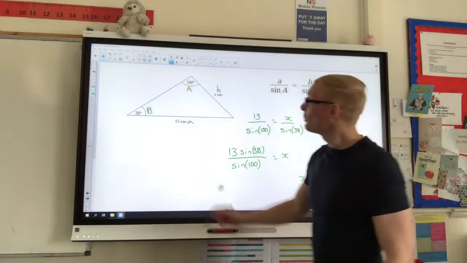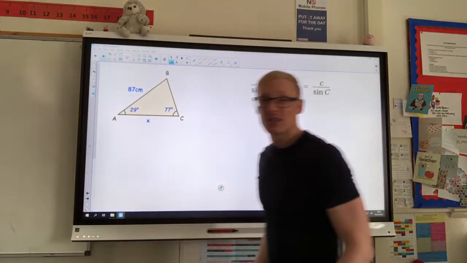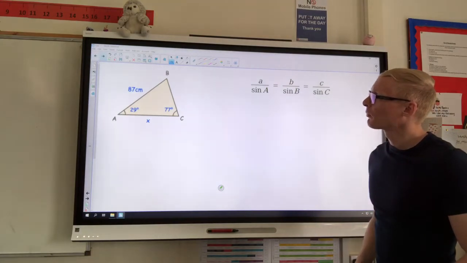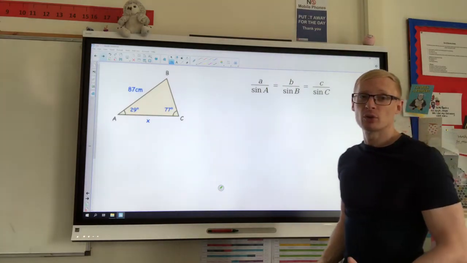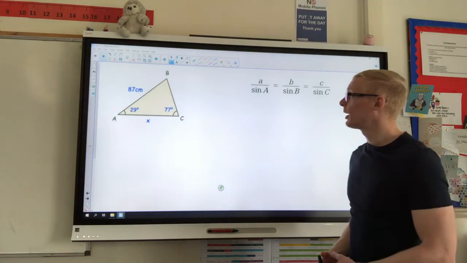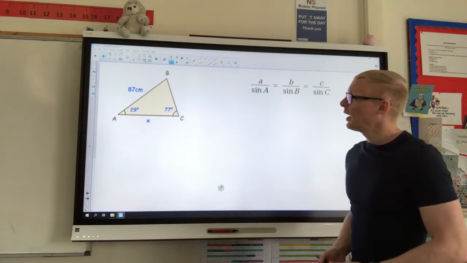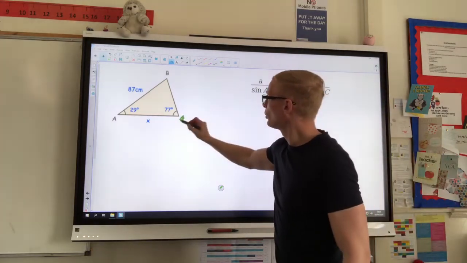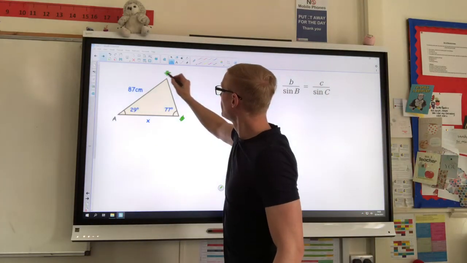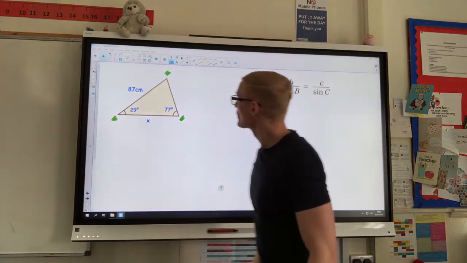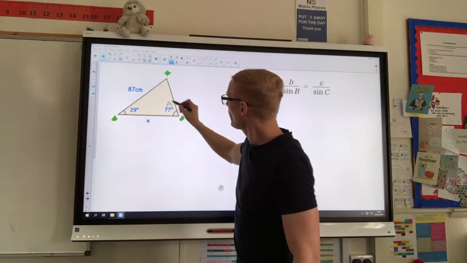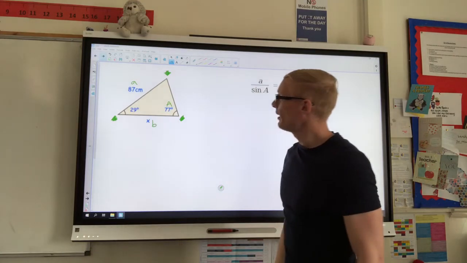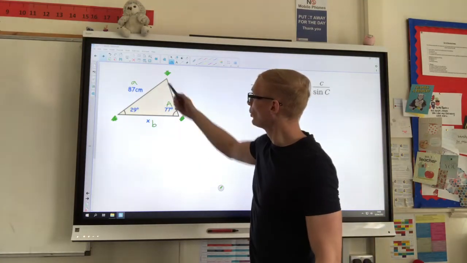Okay, we'll just look at one more because there is a slight variation. If you look at something like this, I think most people are able to understand that it's a sine rule because they're talking about two sides, two angles. However, if you start to look at opposites and ignore these labels here, we say A and A, and then we've got B, and we're left without the opposite angle there.